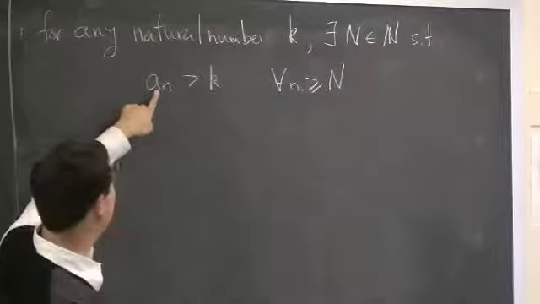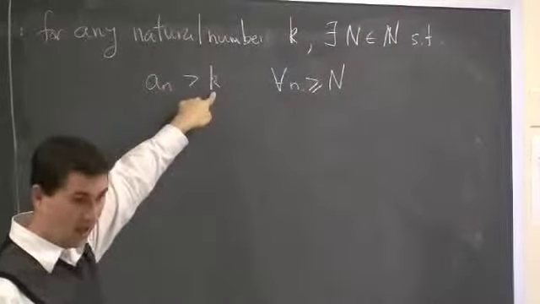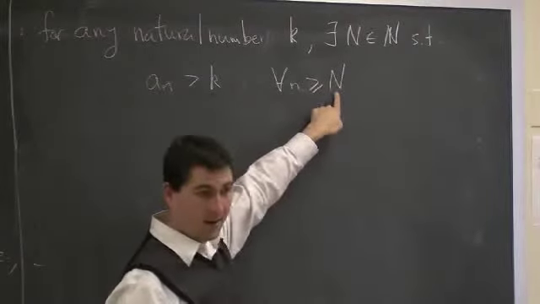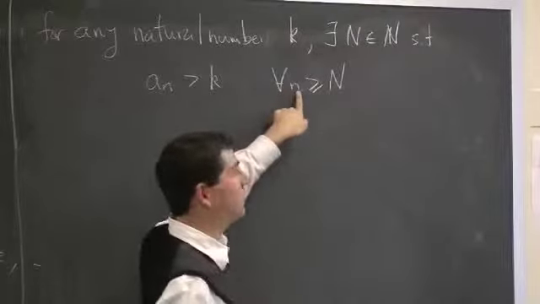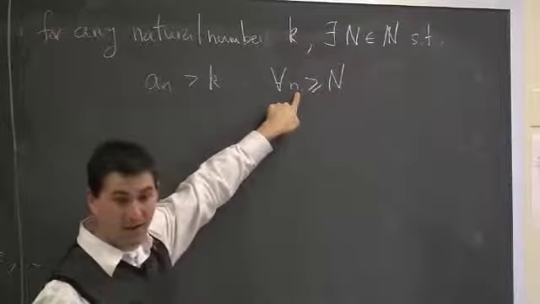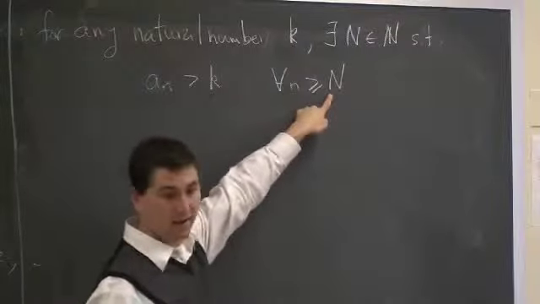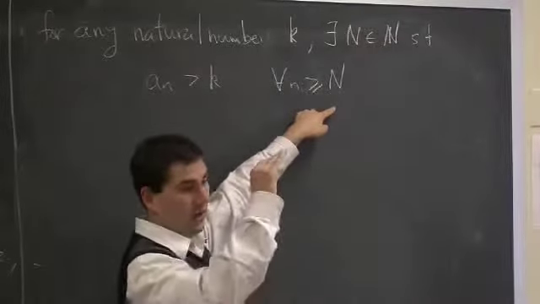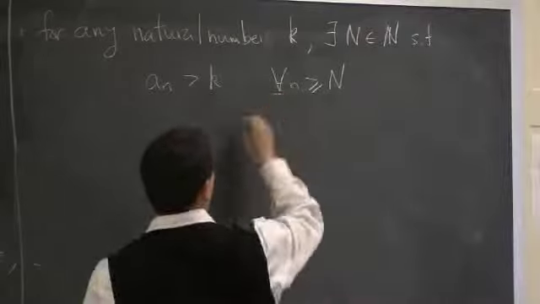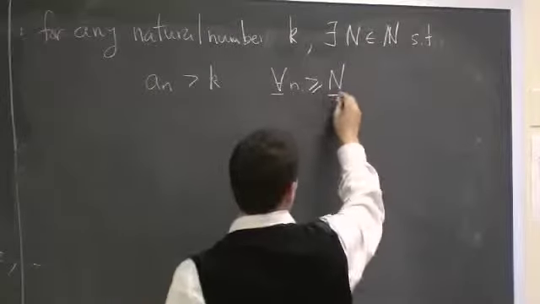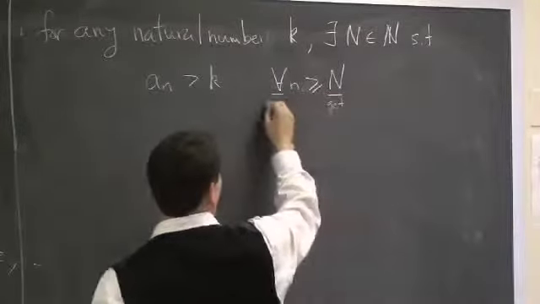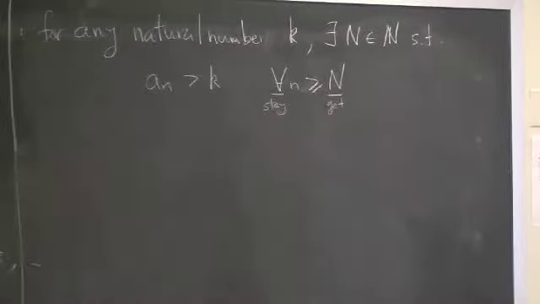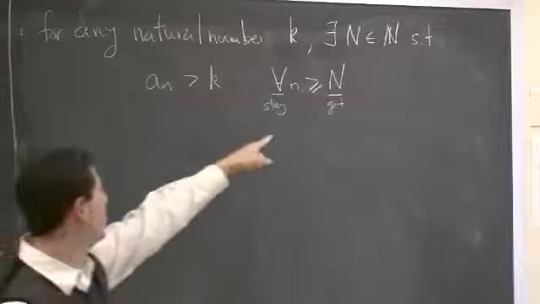This says that a_n is going to be greater than k when you get up to this big N. But this for all says that it's going to stay bigger than k once you get past that big N. It's going to get large and it's going to stay large. It can never return again. That's the key. So this N is the get part. This for all is the stay part. It gets large and it stays large.